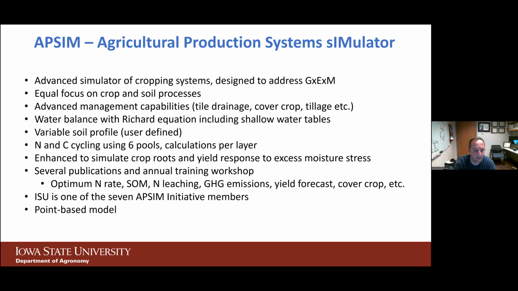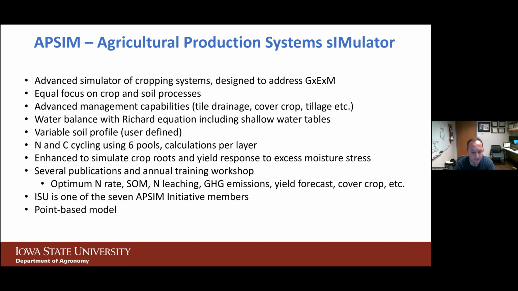We can have as many layers as we want. And the model can simulate nitrogen and carbon cycling using conceptual pools. Many different pools and calculations are made for every layer. We have improved the model to simulate excessive moisture stress on crop yields and root growth.